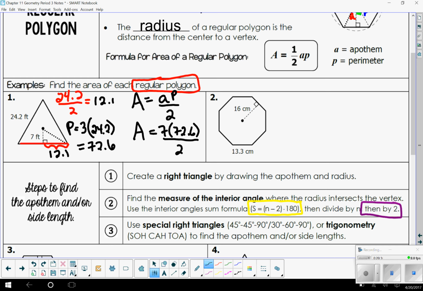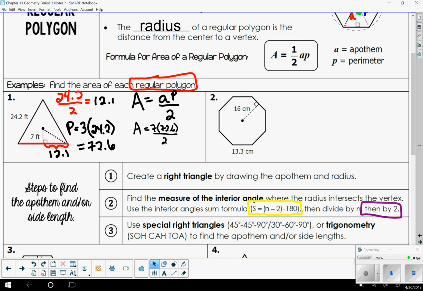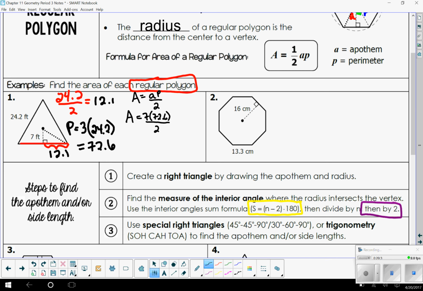And I think the answer comes out to be 254.1 feet squared. Sweet. Shrink this a little. So area is equal to 254.1. Whoa.